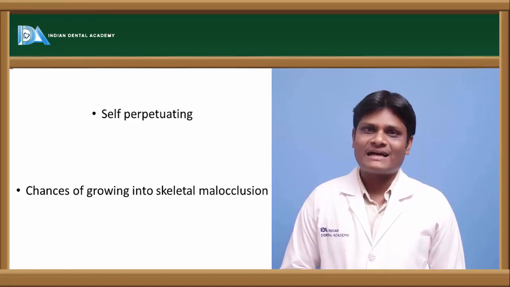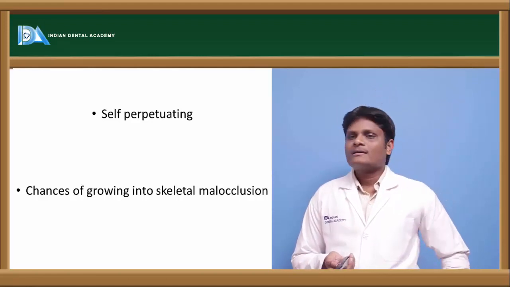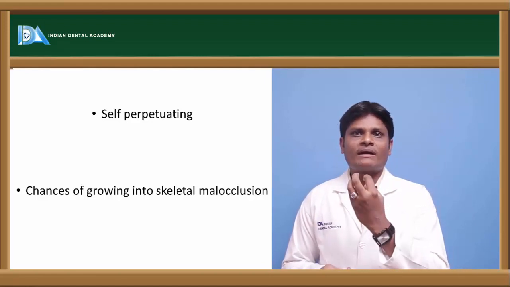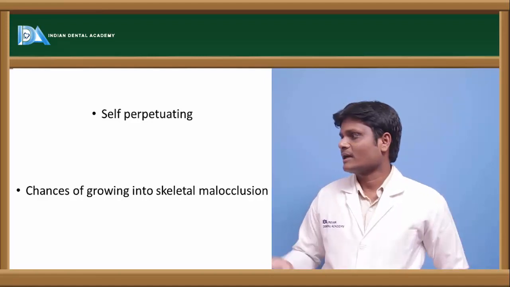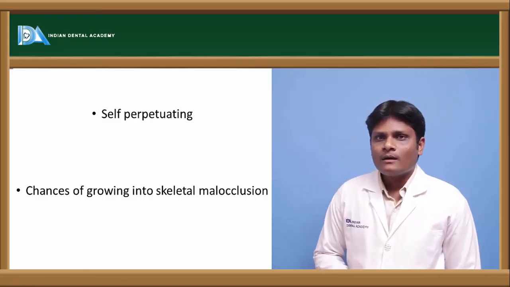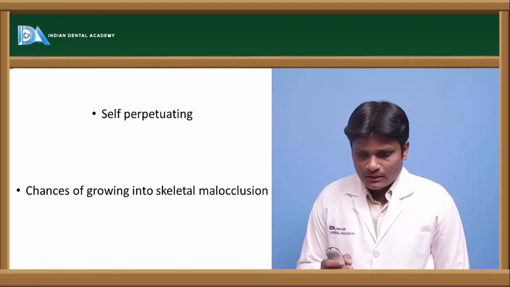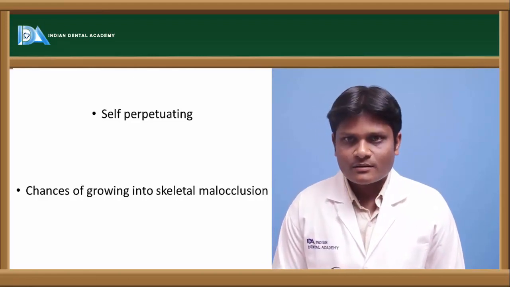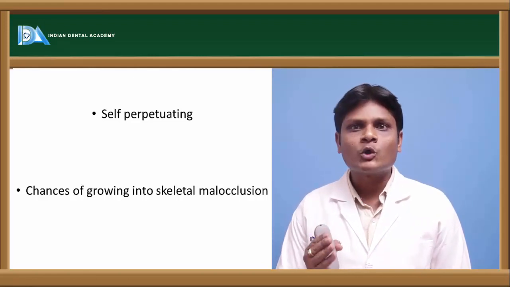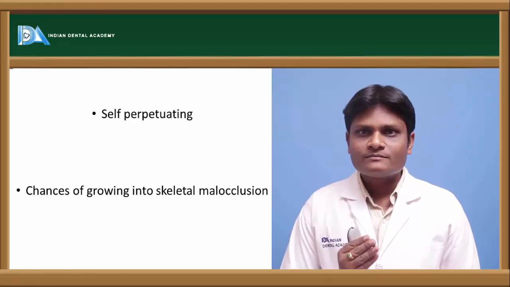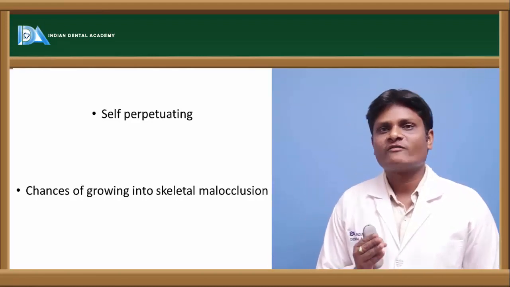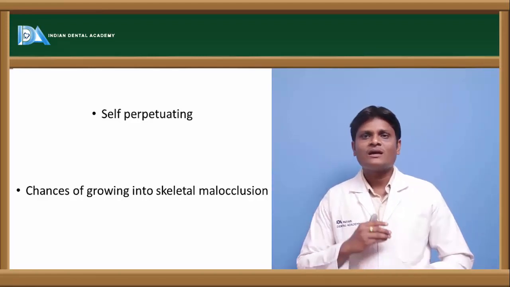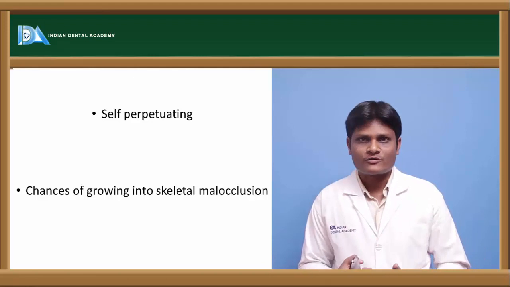Once a crossbite has occurred, the mandible will go into an unrestrained growth pattern leading to a skeletal class 3 malocclusion. Presence of a reverse overjet or a crossbite will lead to inhibited growth of the maxilla and unrestricted growth of the mandible, leading to development of simple crossbites into more complicated skeletal malocclusions.